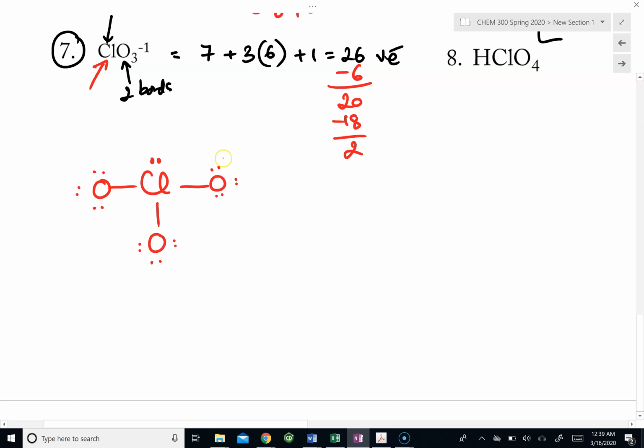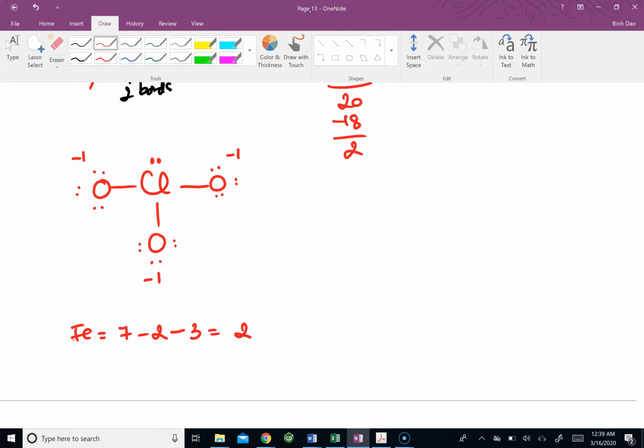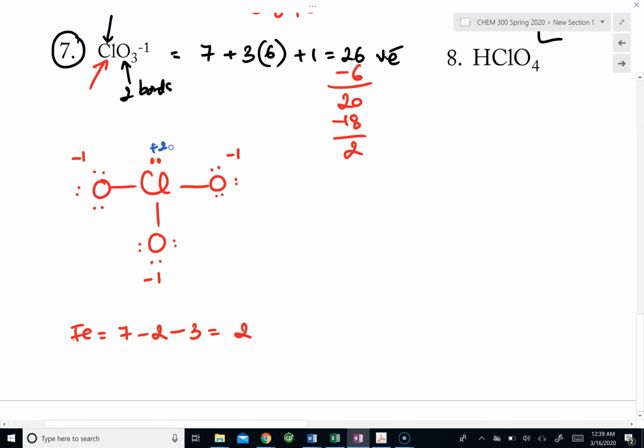Once we apply the formal charge equation, we see that this oxygen is -1, this is -1, and this is -1. As for the chlorine, the formal charge equals 7 minus 2, and now minus 3, and that equals +2. So the formal charge of the chlorine is +2.